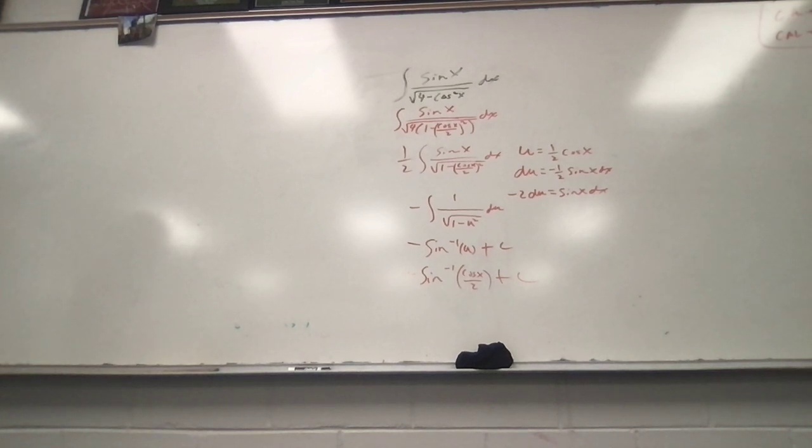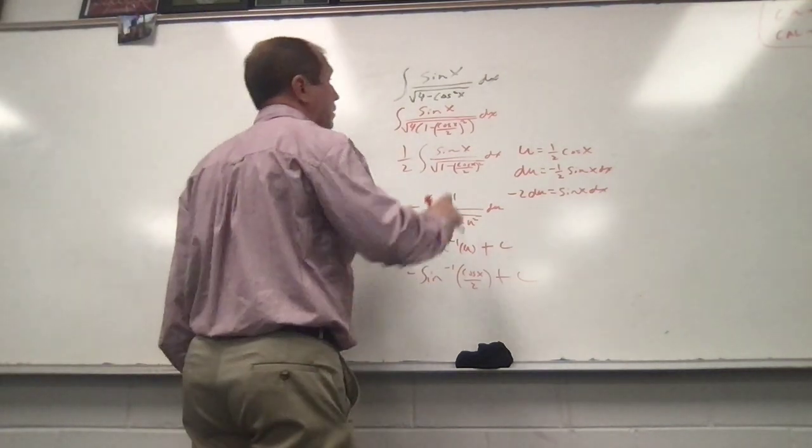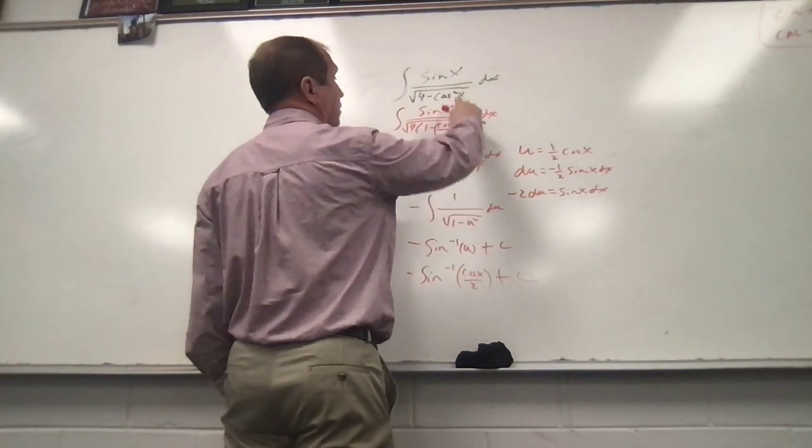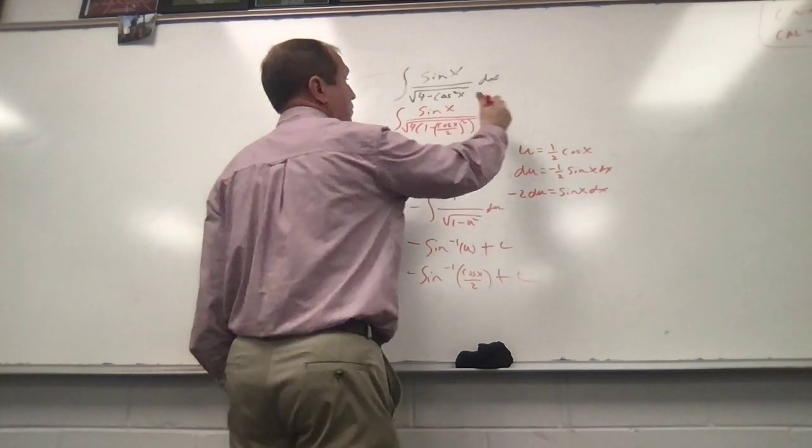Any question there? Okay. All the way back at the beginning. Why is it when you divide cosine squared x by 4, it's cosine x over 2?